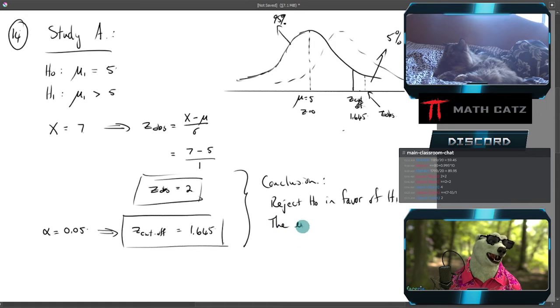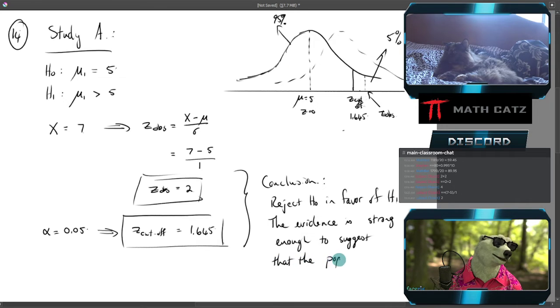The evidence is strong enough to suggest that the population mean is greater than 5.